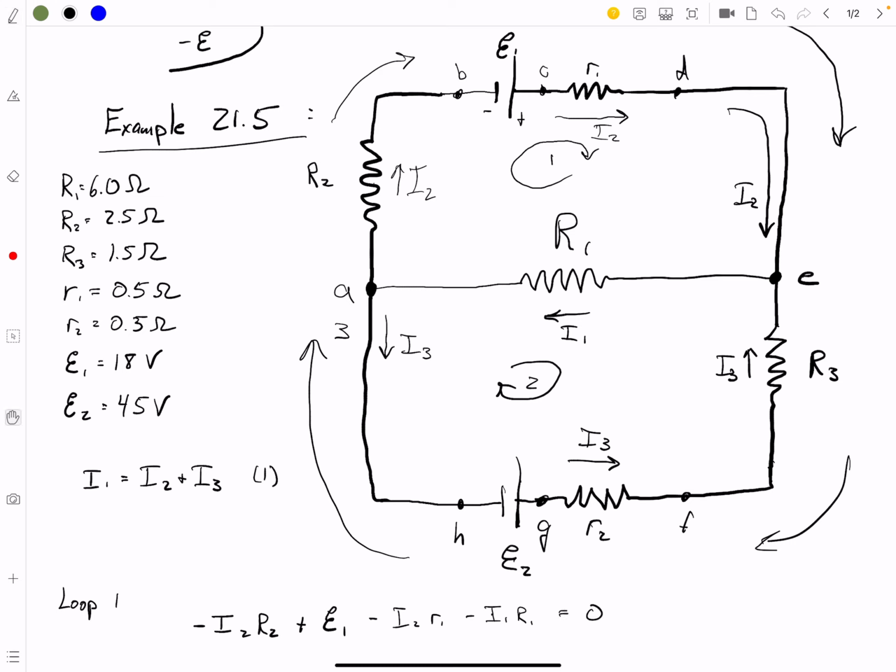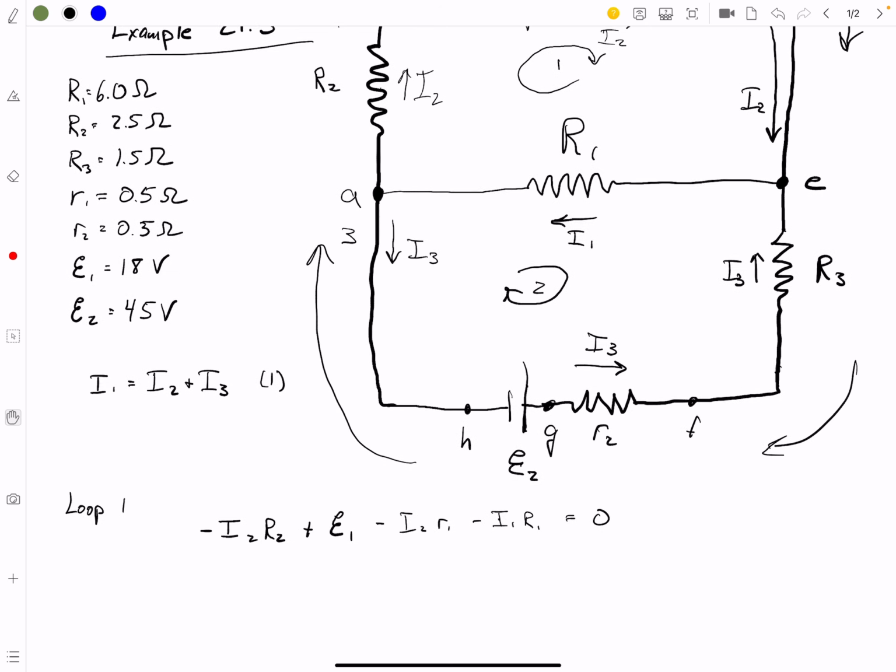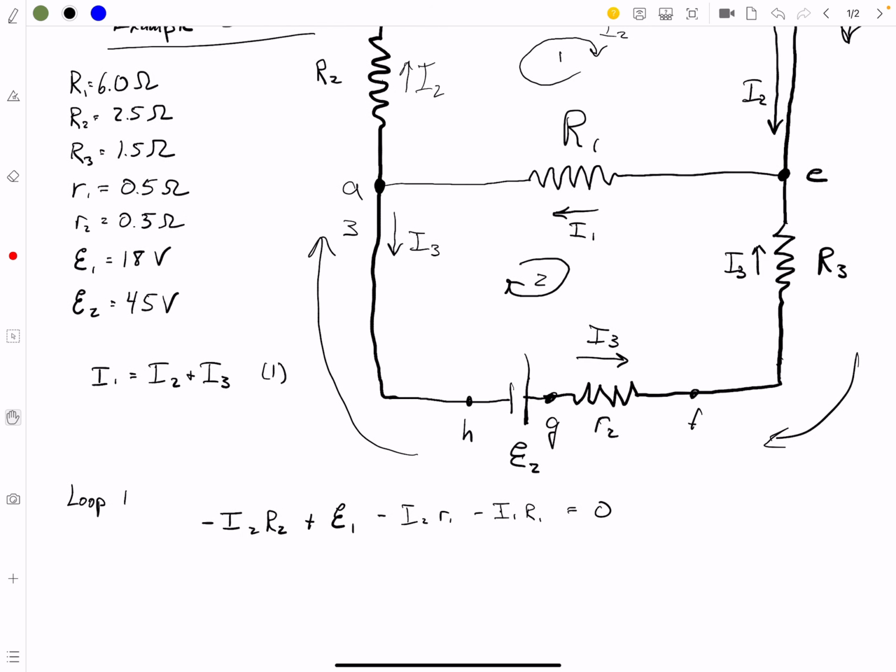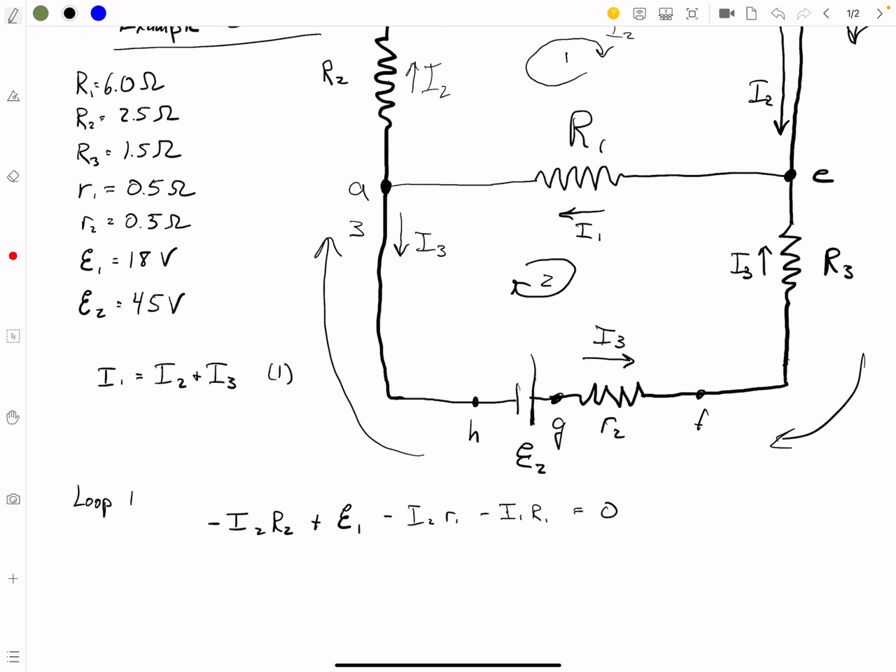So let's go down here and solve this thing. At least make it a nice equation to work with. So here we go. We've got epsilon 1. We're going to subtract off I1 R1. And then we're going to subtract off I2, but I'm factoring out I2 from R1 and R2.